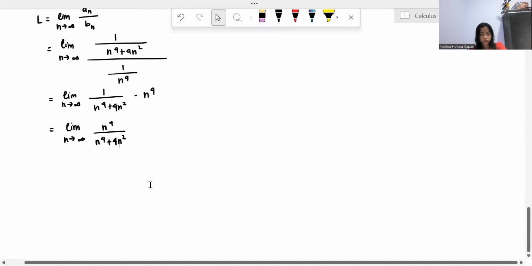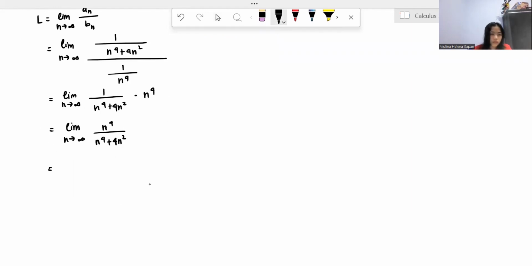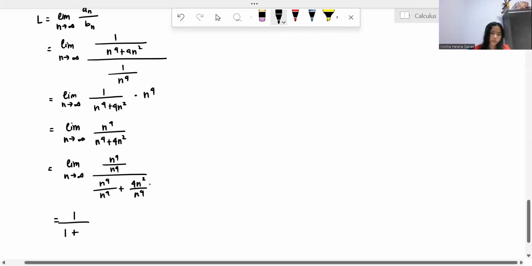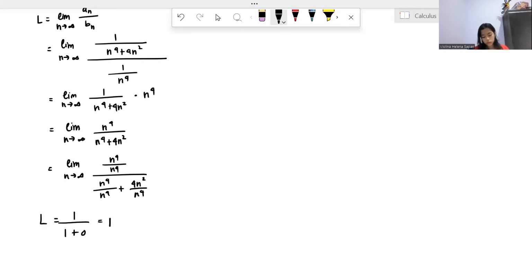Okay. Next, we need to divide the numerator and the denominator by the highest degree. It means L is equal to 1.